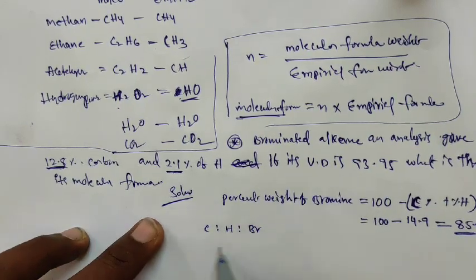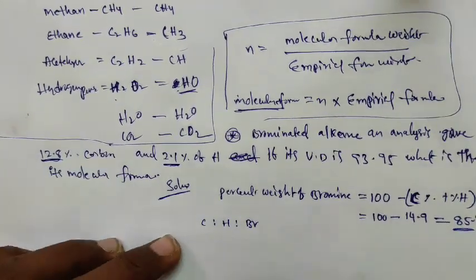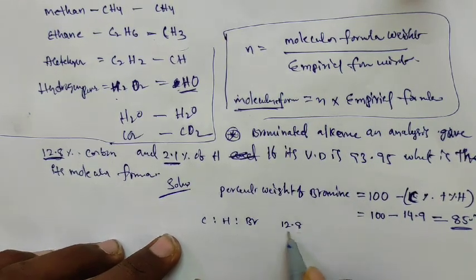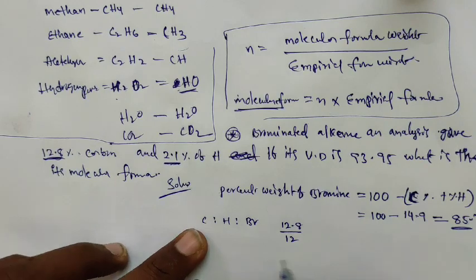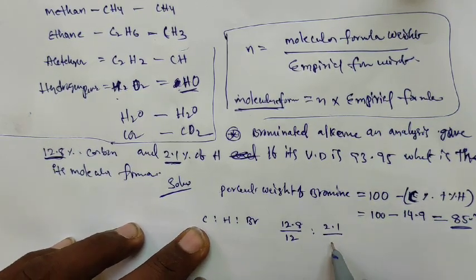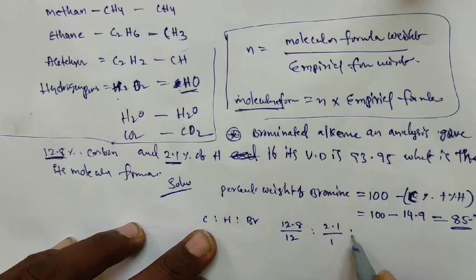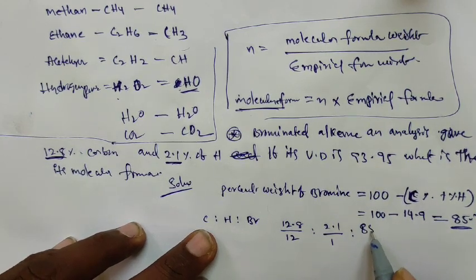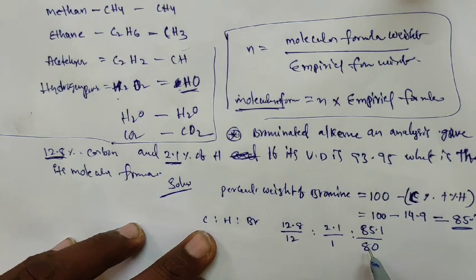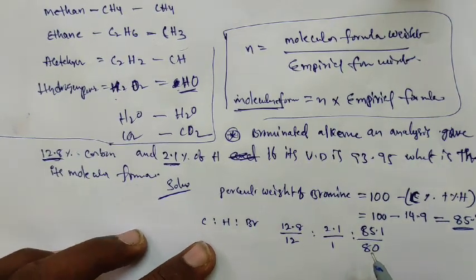What we will do? Carbon 12.8 by its atomic weight, 2.1 by hydrogen atomic weight, 85.1 by its weight, 80 grams. Hydrogen and bromine is 80 grams.